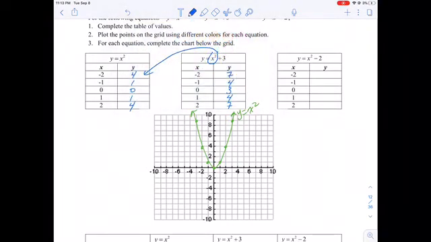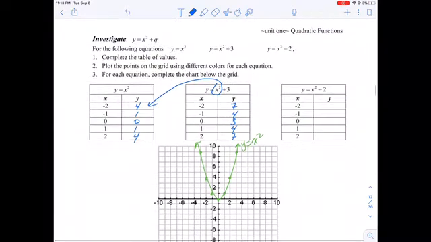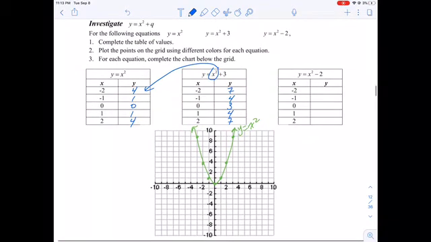So negative 2, 7 is right about there. Instead of negative 1, 1, we're at negative 1, 4. And 0, 3. And 1, 4. And 2, 7.